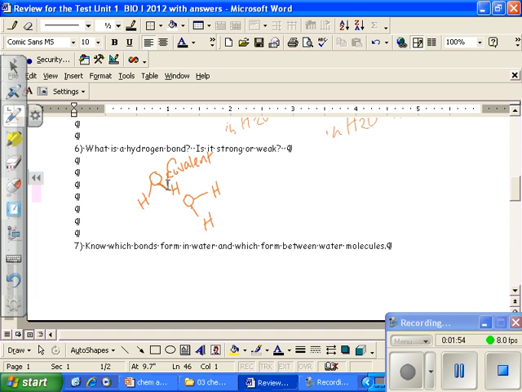So the covalent bonds are sharing electrons there and there. Hydrogen bond, they're not sharing electrons. It's just that this side is slightly positive, this side is slightly negative, and negatives and positives attract. So that would be your hydrogen bond right in there. Just a very weak bond.